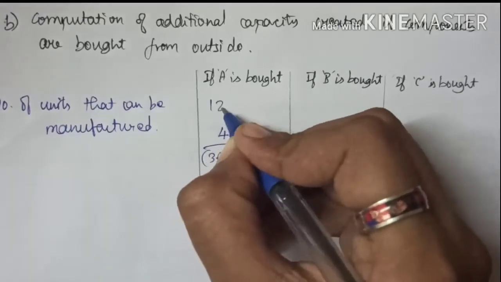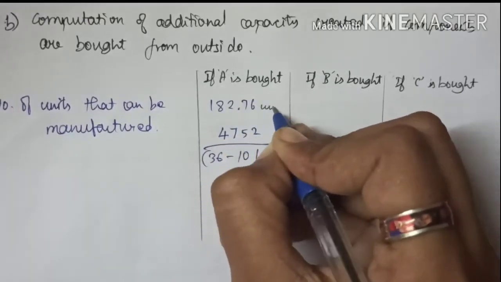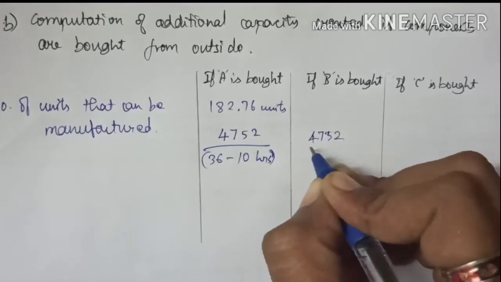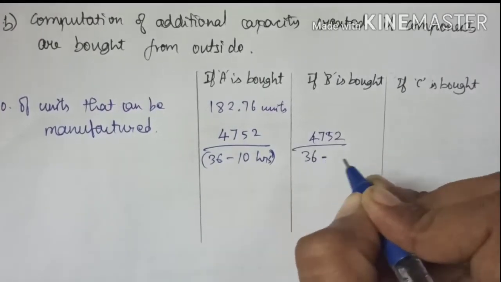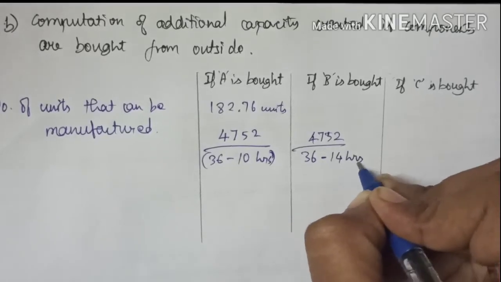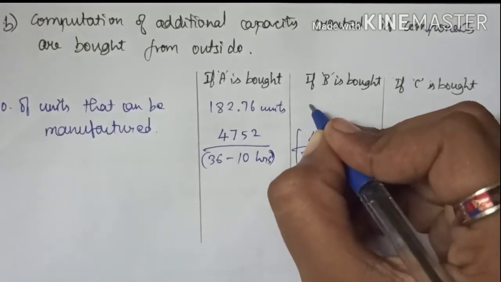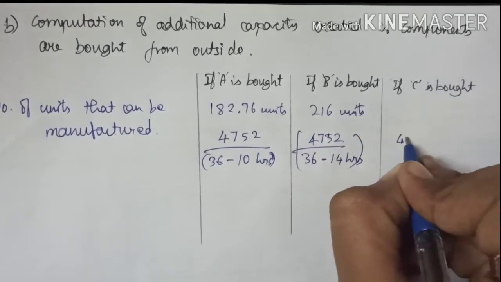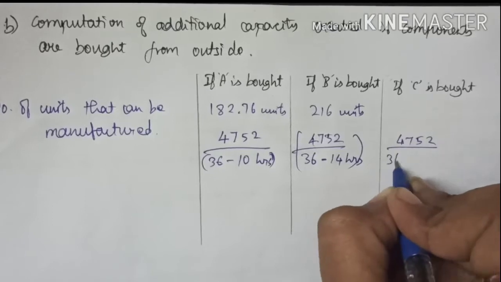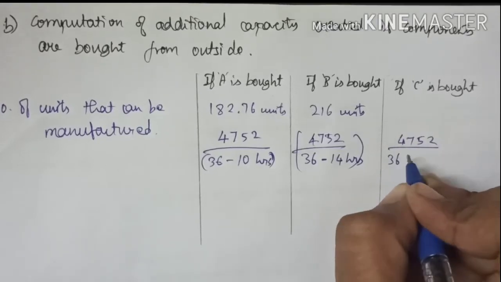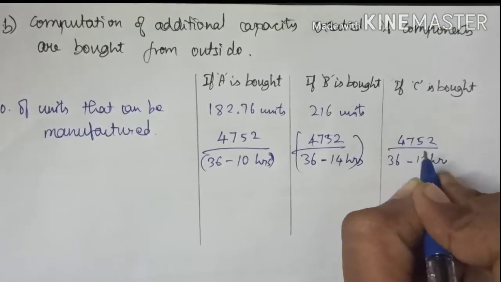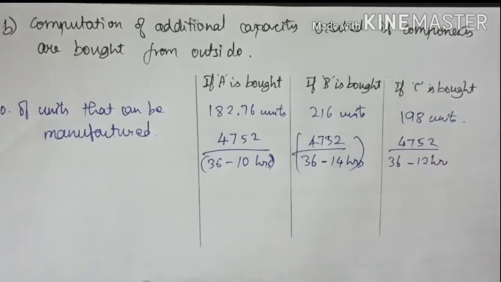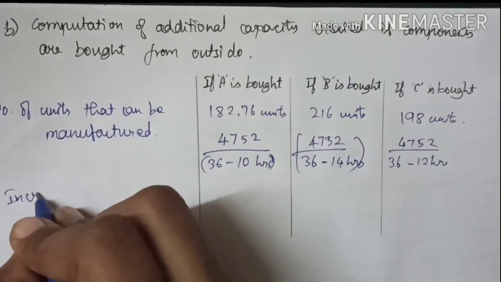You will get 182.76 units. For B, 4,752 divided by 36 minus 14 hours gives 216 units. And here 4,752 divided by 36 minus component C's hours, that is 12 hours, gives 198 units.